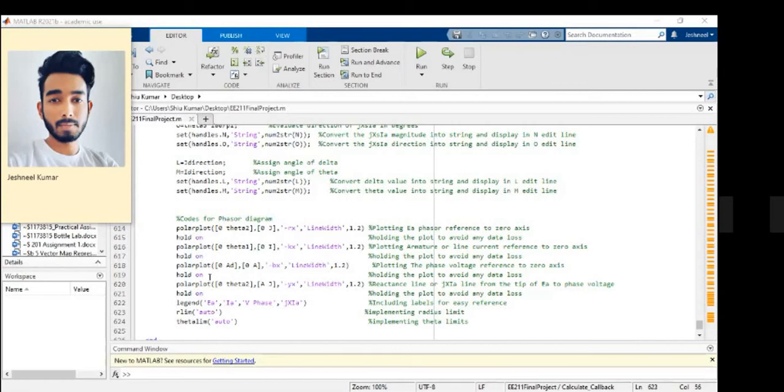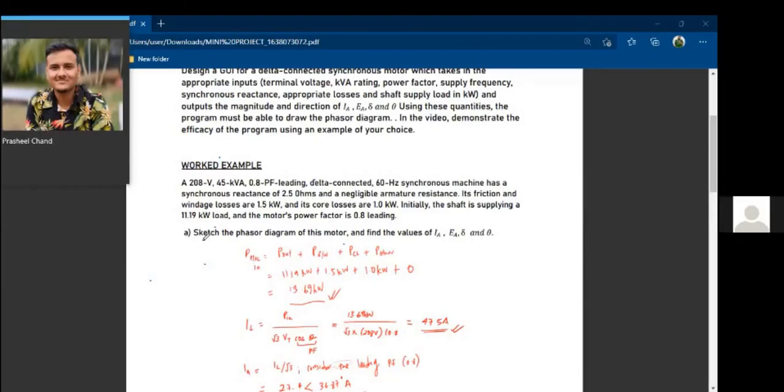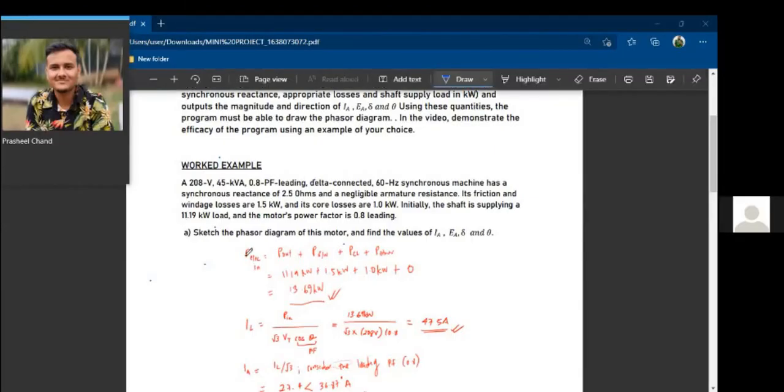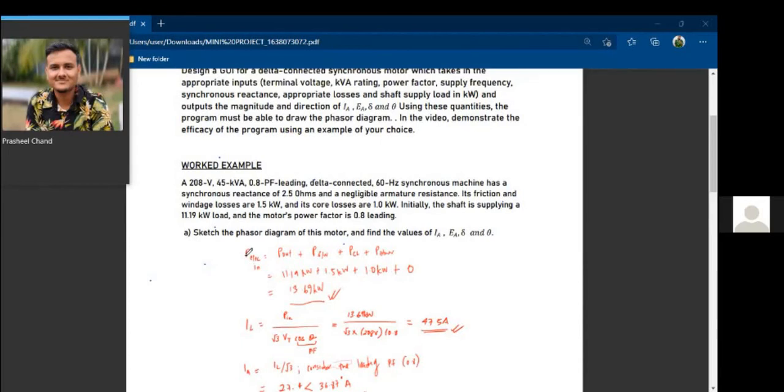Now I would like Prashil Chand to take over the presentation. Hi, I'm Prashil and I'll be demonstrating the accuracy of our program by solving a worked example. Having a look at our worked example, we are given a 208 volt, 48 kVA, 0.8 power factor leading, delta connected, 60 Hz synchronous machine, which has a synchronous reactance of 2.5 ohms and a negligible armature resistance.